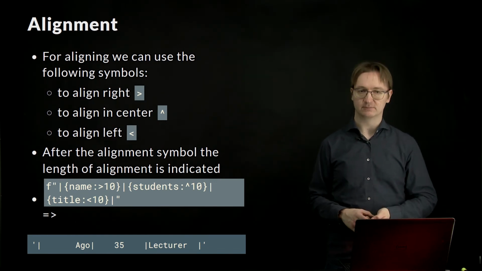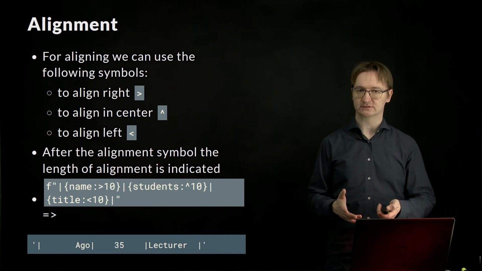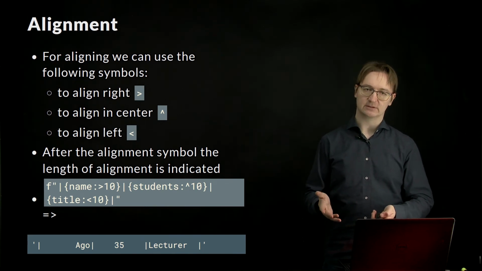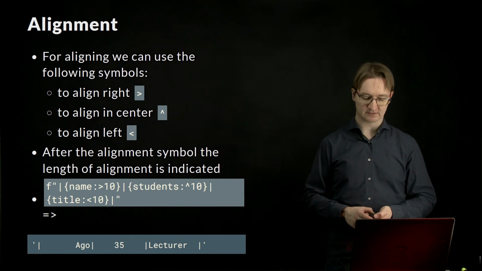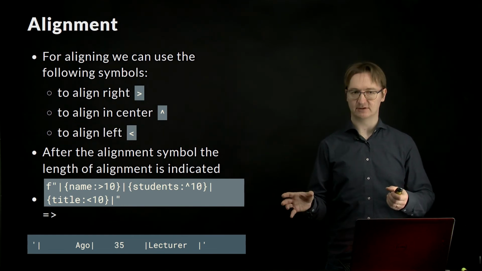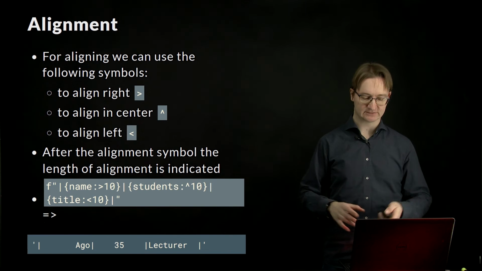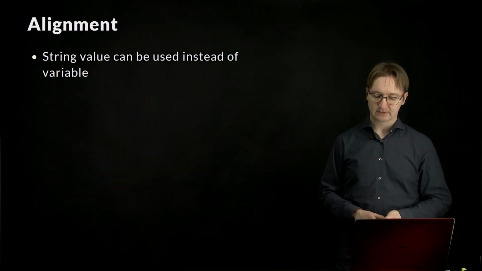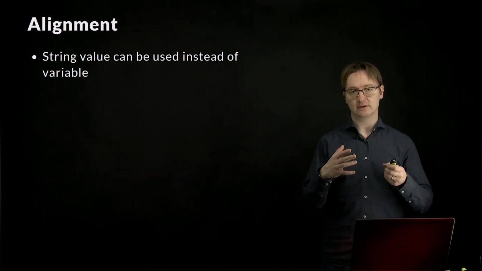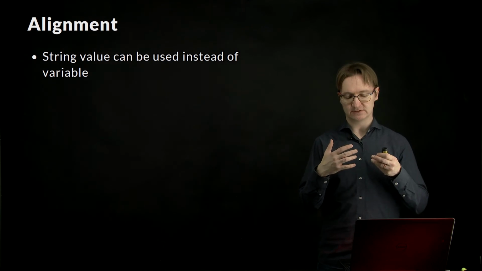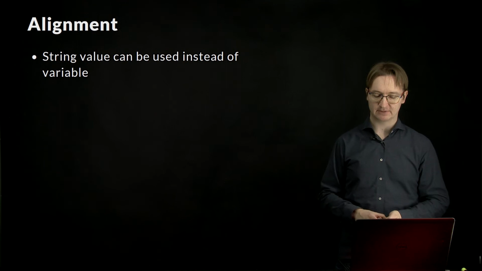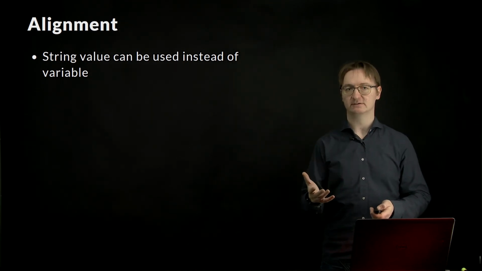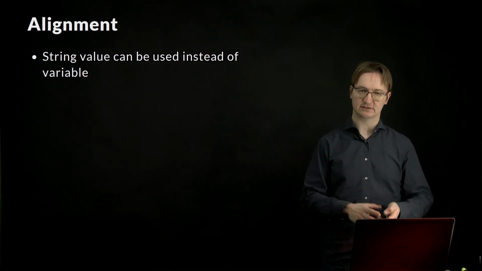This is a nice way to do it, because doing it without f-string is a bit harder. Then you have to calculate how many spaces you have to add before and after, and so on.